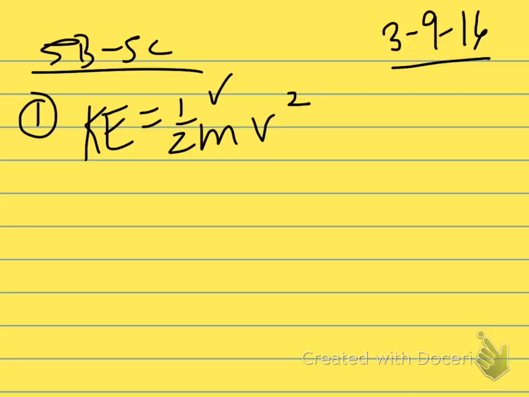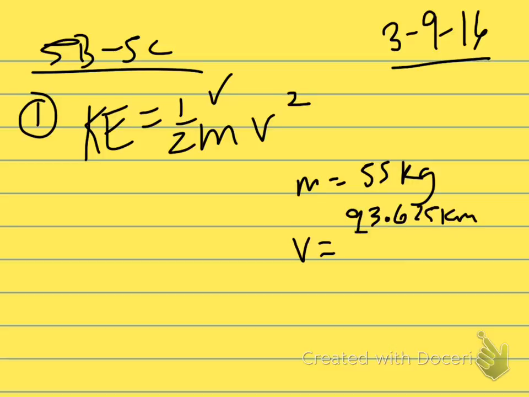but you had to convert. And that was the number one mistake on this problem. It was really simple. I did it all as one piece when I listed my variables. Mass is 55 kilograms. The velocity, you can do this as one step: 93.625 km per 24-hour period.